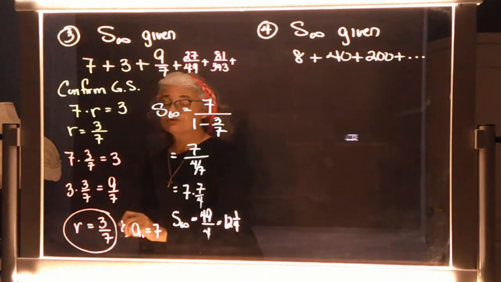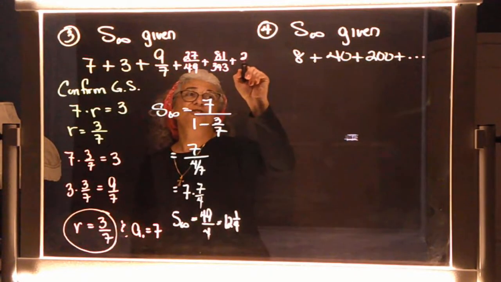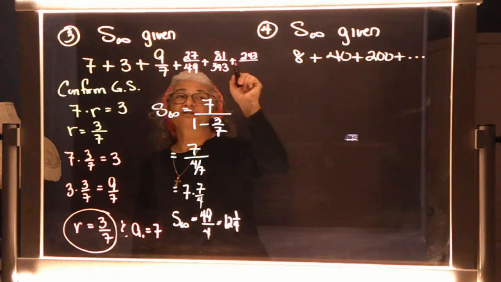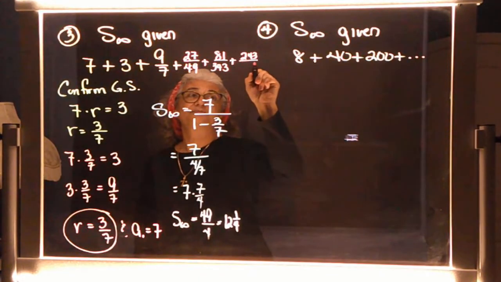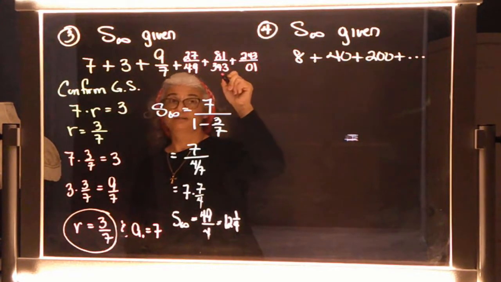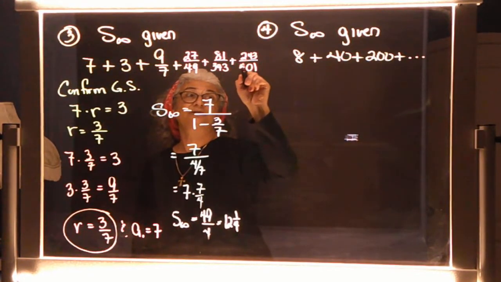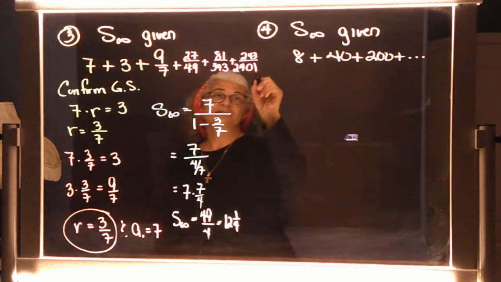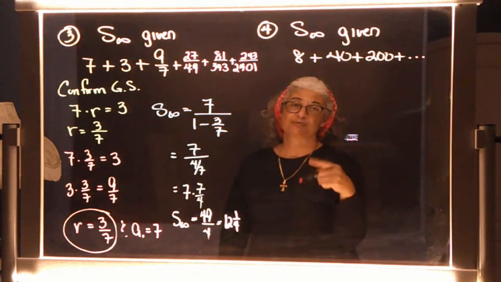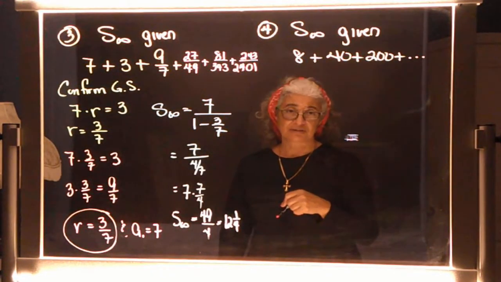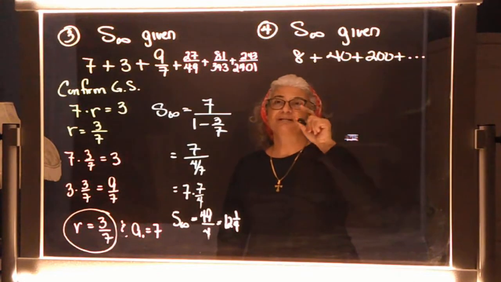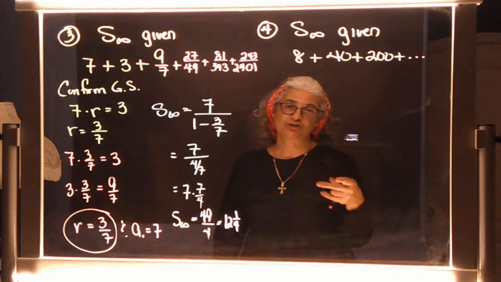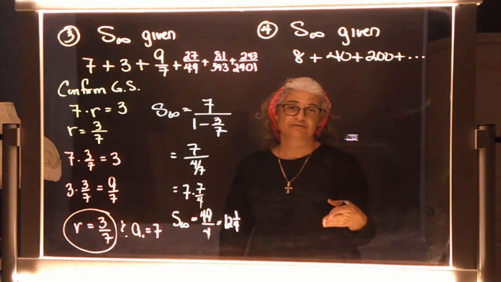The next one multiplied by 3/7, 243 over, what is that? 2,401. That's right. Do you notice how these fractions keep getting smaller and smaller and smaller? Till eventually, when you turn them into decimals, they look like they're going to be 0.